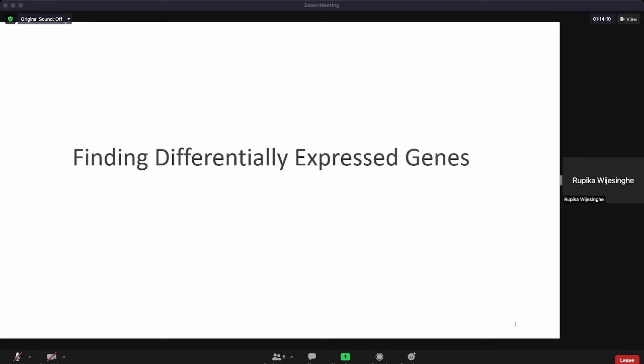Or in controlling disease conditions, in many ways it is important to study differential gene expression.